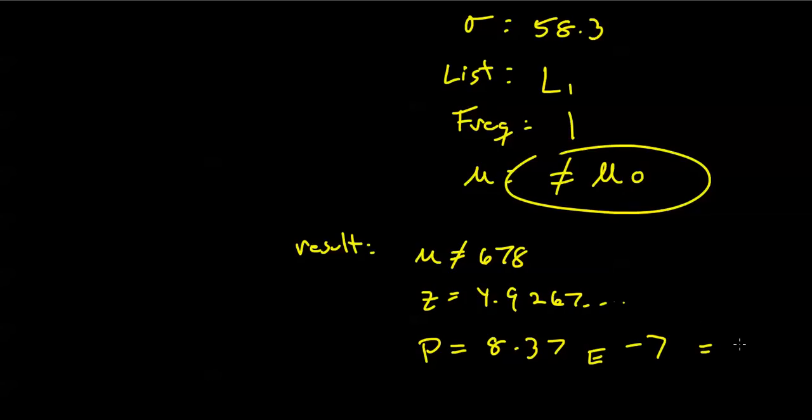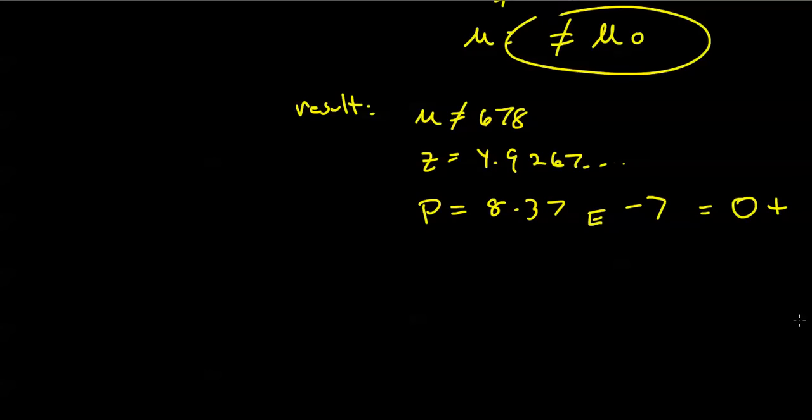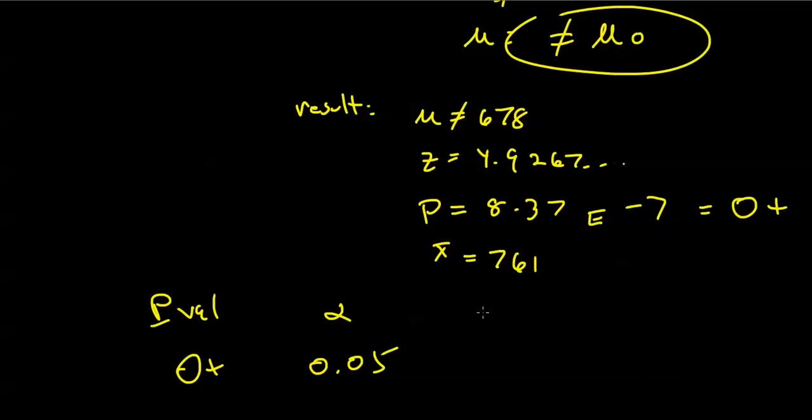And just like in our first example today, I'm going to call that 0 plus. The calculator also returns your sample mean and your sample standard deviation, which I won't pay much attention to right now. I'm just going to write down my p-value next to my alpha level. They said to use an alpha of 0.05 to judge whether this data was significant.